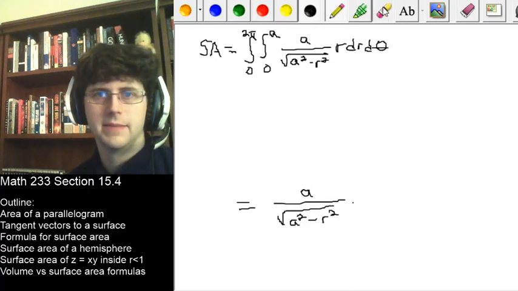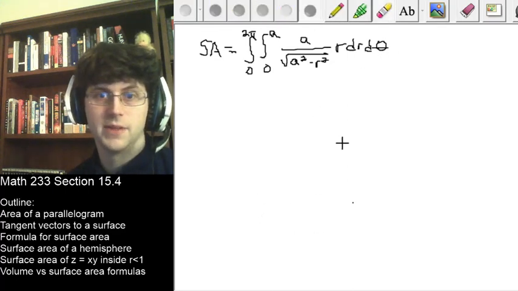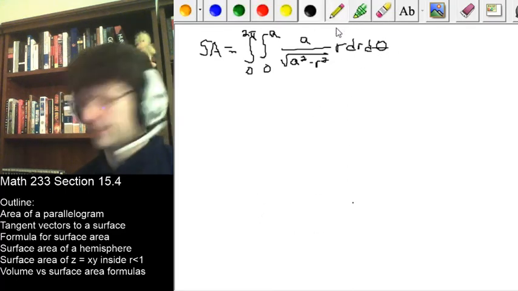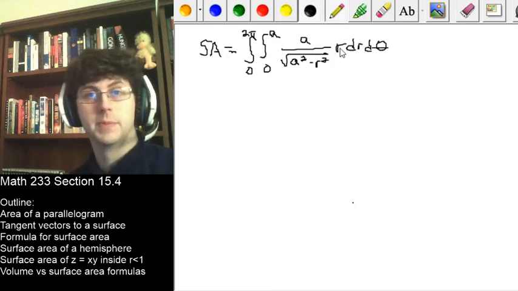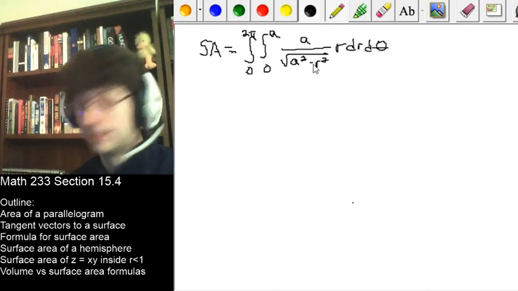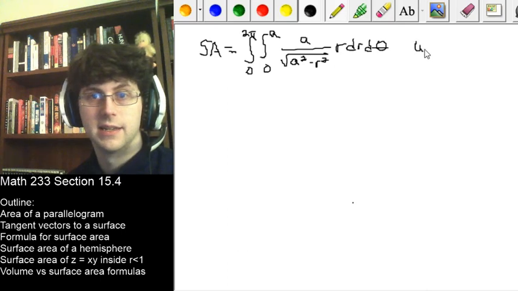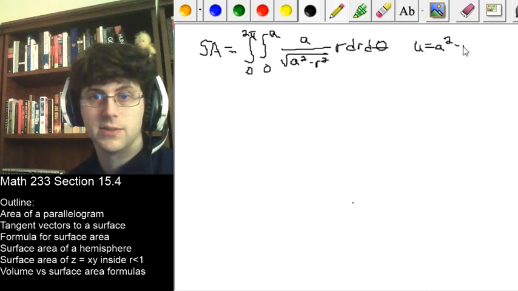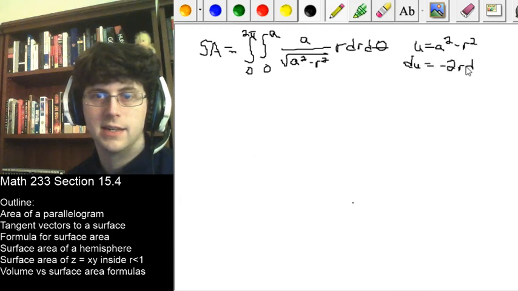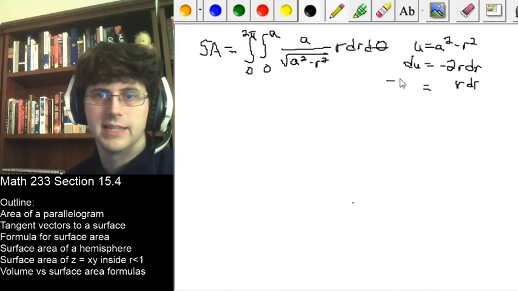At this point, I am very happy that I got to have that r. Without that r, I'm stuck in arcsine and all kinds of unfortunate stuff. But because of this r, I can do a u substitution. So this is just excellent. u is a squared minus r squared. du is minus 2 r dr. So r dr is minus a half du.